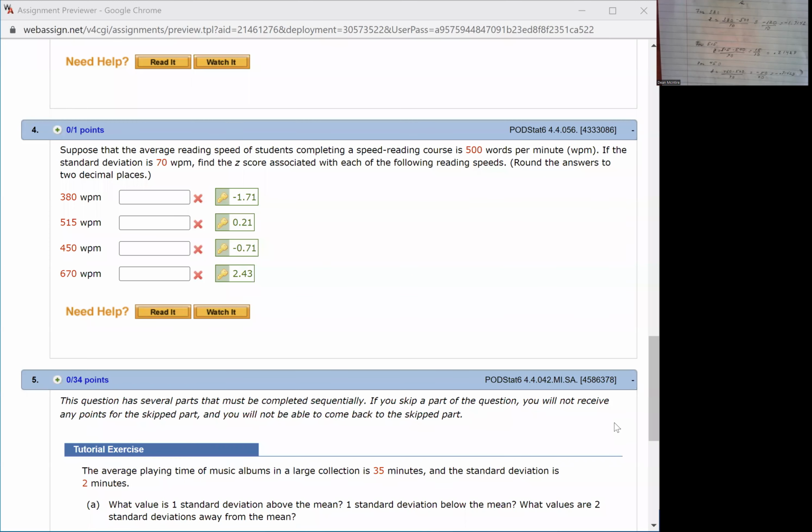And we round it to 2 decimal places. And we have negative 1.71.